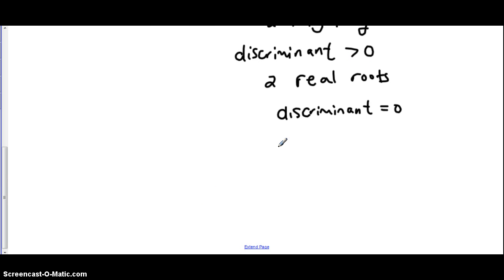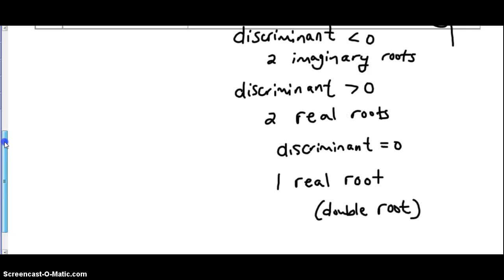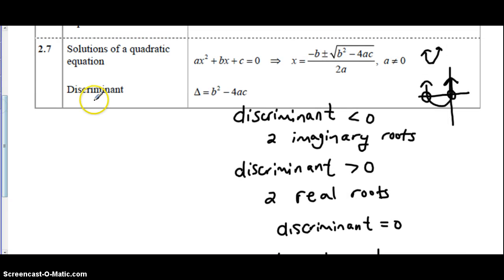And that means that the vertex will be the real root, the double root, and it'll be on the x-axis. Okay. So just bringing back that knowledge from Algebra 2, what a solution is. And the power of the discriminant will tell you what kind of roots you have.